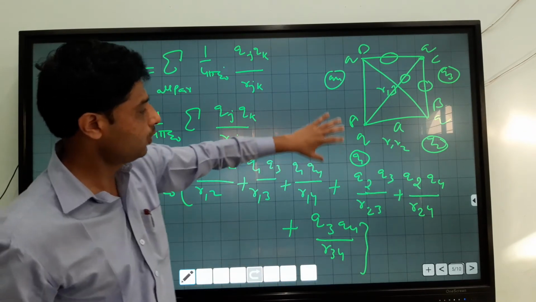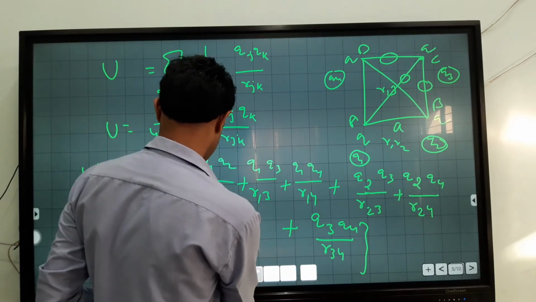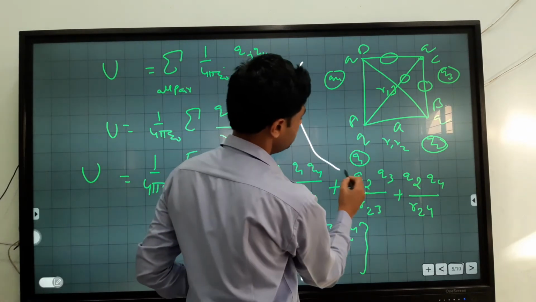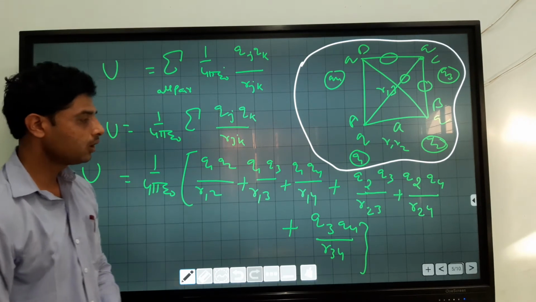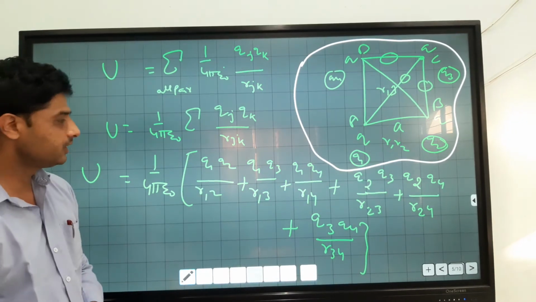Now, as you know, all charges are equal, so by putting in the values we can find the answer easily.